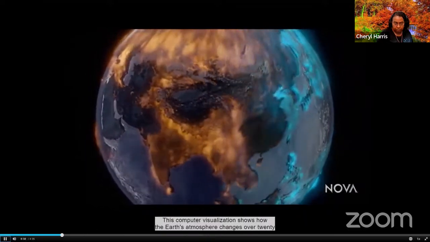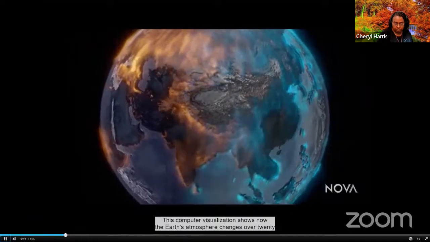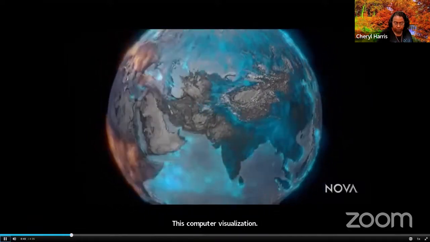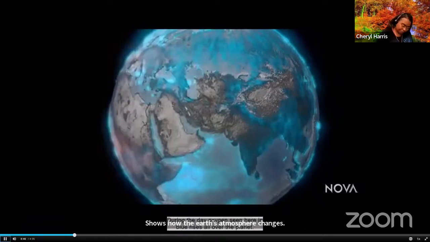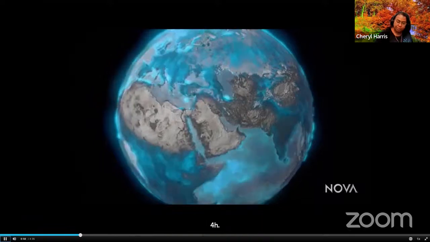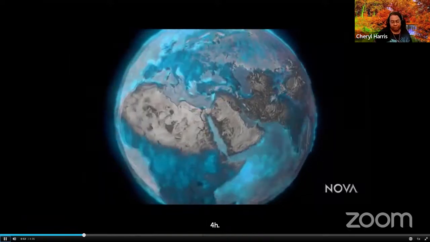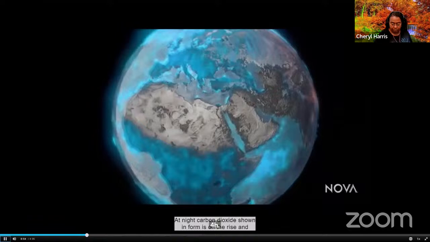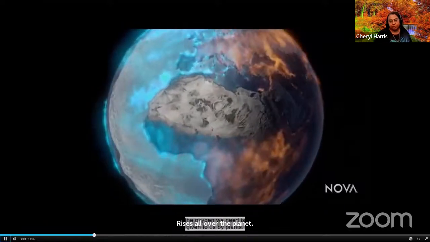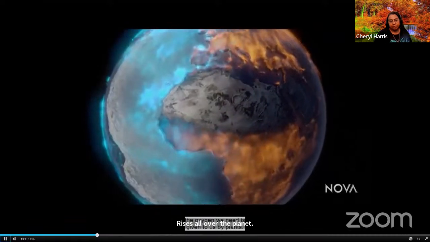This computer visualization shows how the Earth's atmosphere changes over 24 hours. During the day, oxygen, seen here in blue, rises all over the planet. At night, carbon dioxide, shown in orange, is on the rise. And the oxygen we need is given to us by plants.